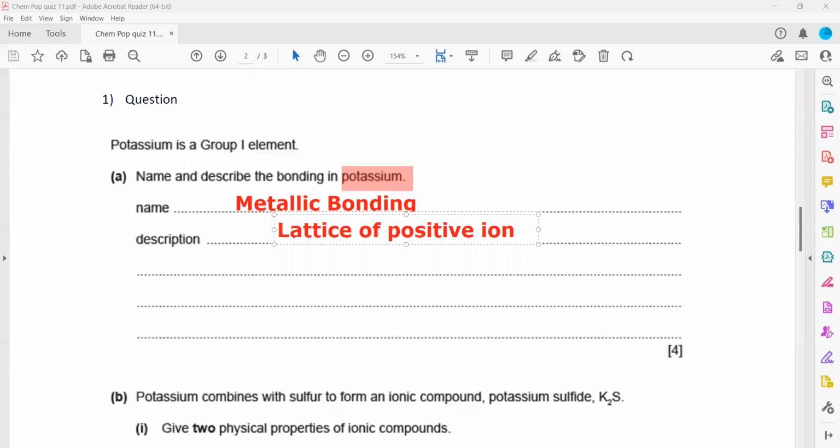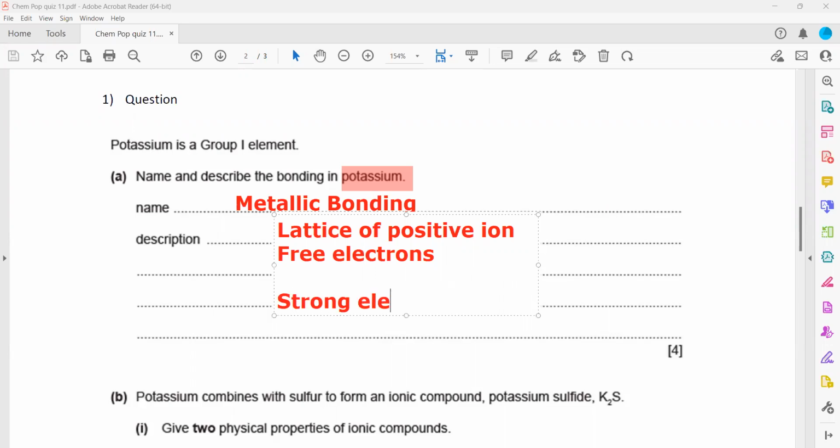In this case, you can also say potassium ions, and there are free electrons, and there's a strong electrostatic attraction between them.